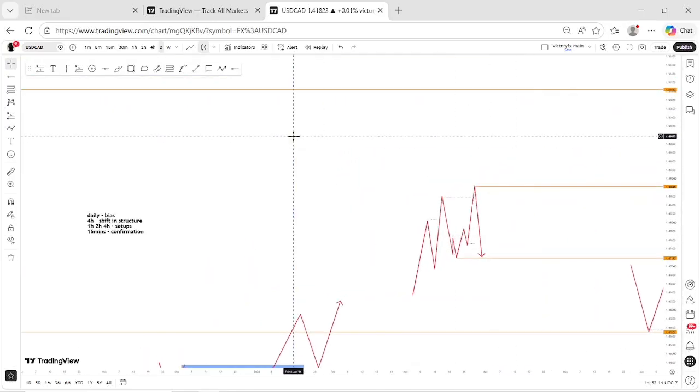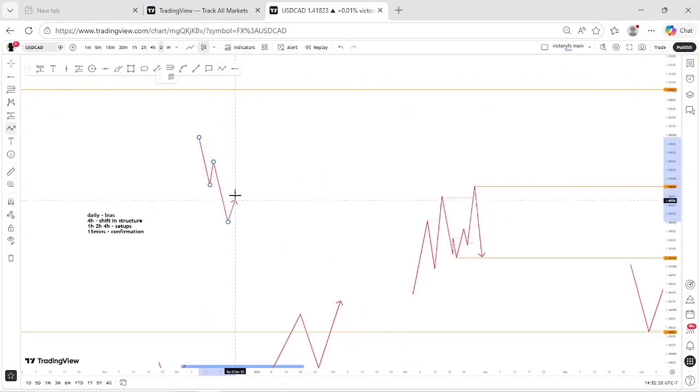So let's use a counter trend setup for example. Now this is a bearish scenario, and then we have this sweep of liquidity, this shift. I will not call this a break of structure.